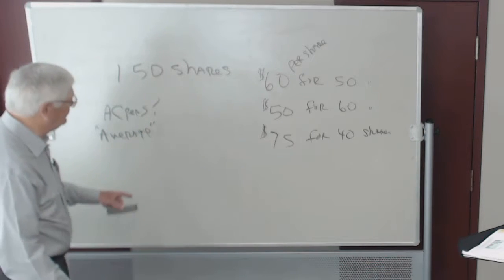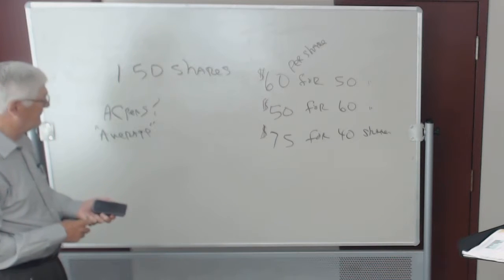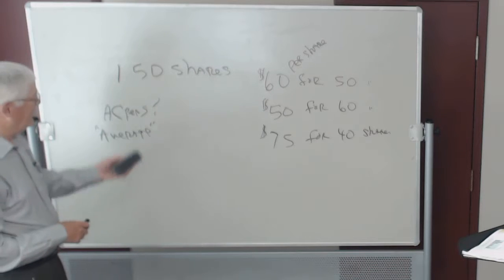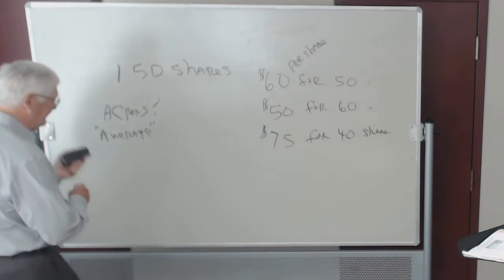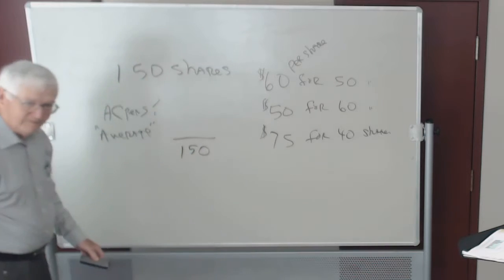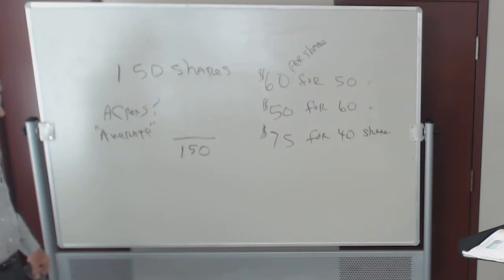So how many total numbers do I have? I have 150 shares, so the average is going to be something divided by 150. Because I want the average per share.